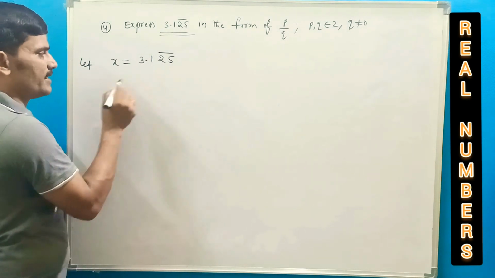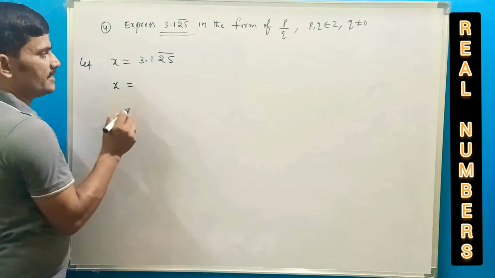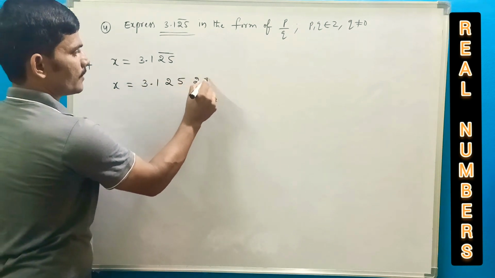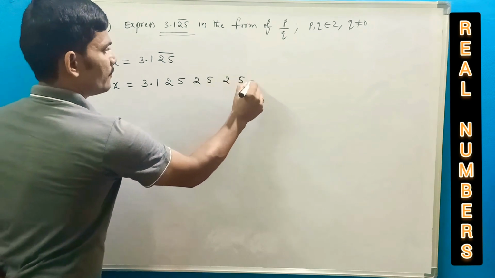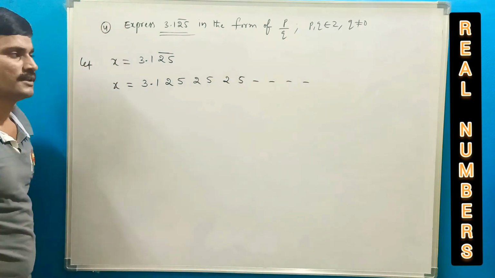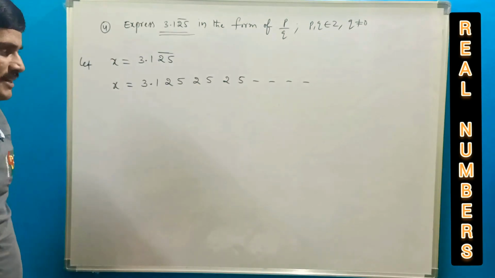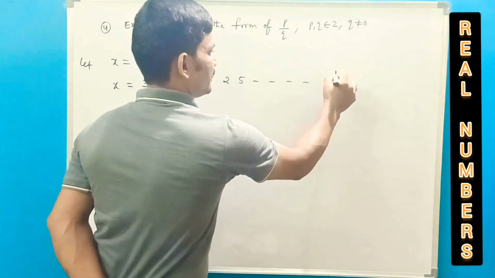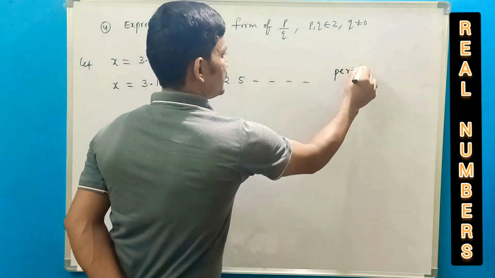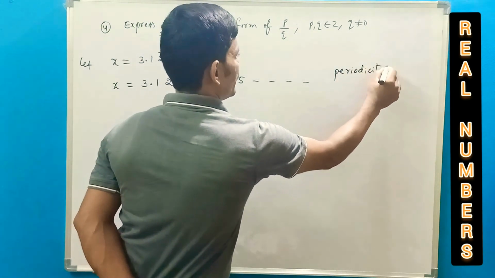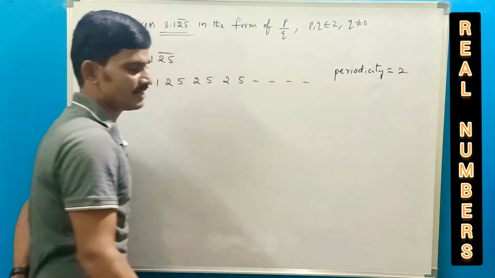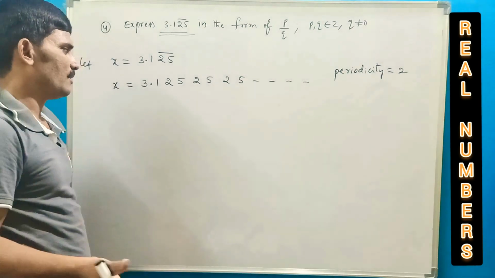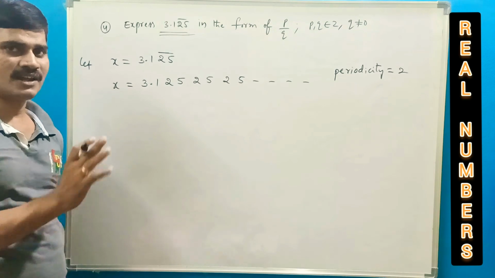So let us expand the decimal number: 3.125, 25, 25 and so on, which cannot be terminated. Now what is periodicity? Periodicity means how many digits are recurring. 2 digits are recurring. If 2 digits are recurring, you should multiply the given number by 100 on both sides.